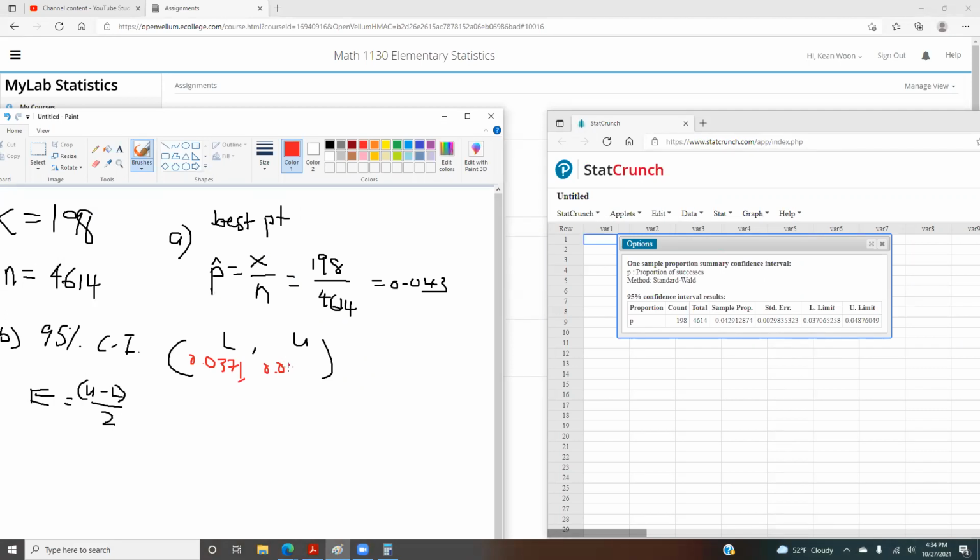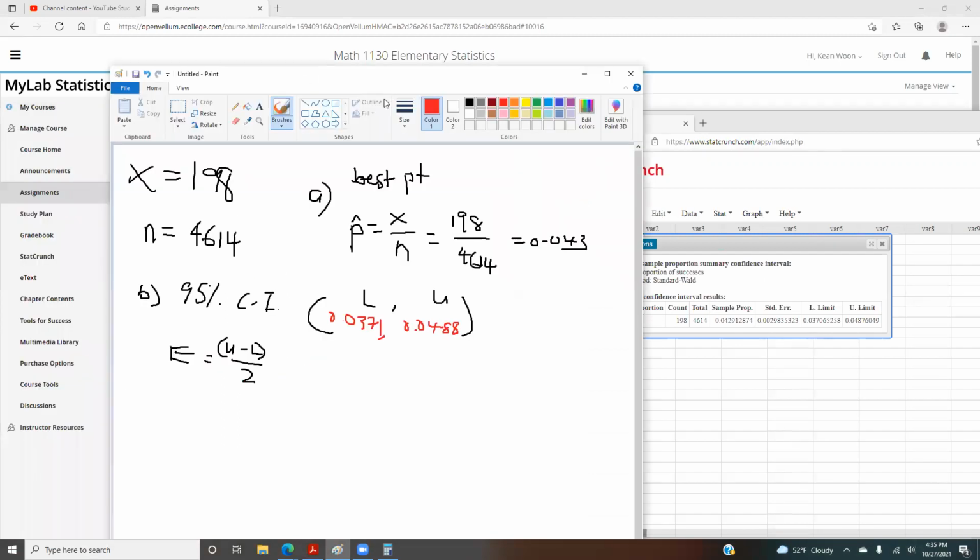The upper is 0.0488. So this is your lower and your upper in this case. What we do here is subtract these two and divide by 2. So you just take 0.0488, subtract the lower, 0.0371, and then divide this by 2.